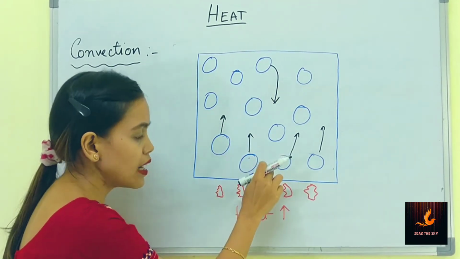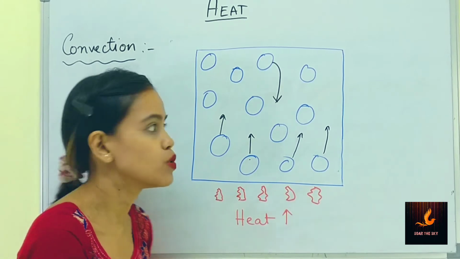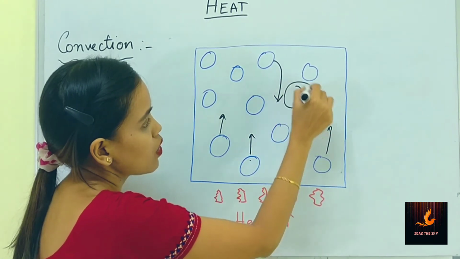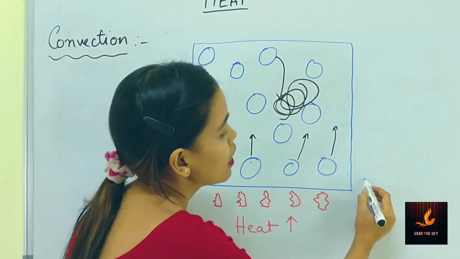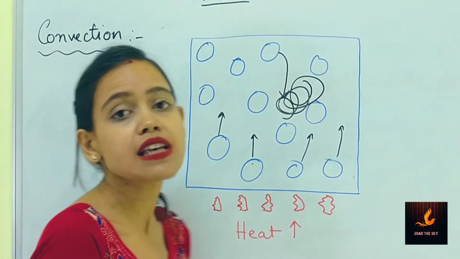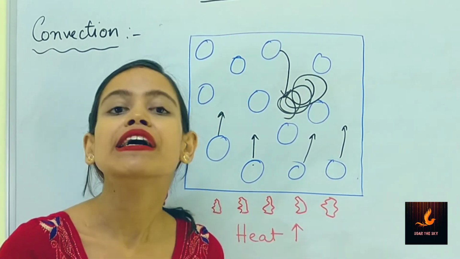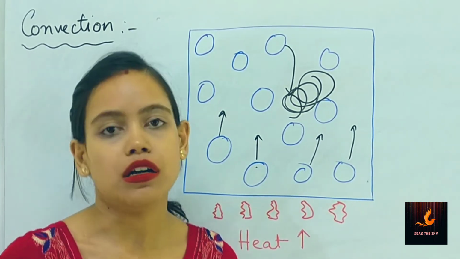So they come down to take the place of these lighter and hotter molecules. And this cycle constantly goes round and round. While the lighter molecules go up and the heavier molecules come down, the entire medium gets heated up, and this is how the process of convection occurs.